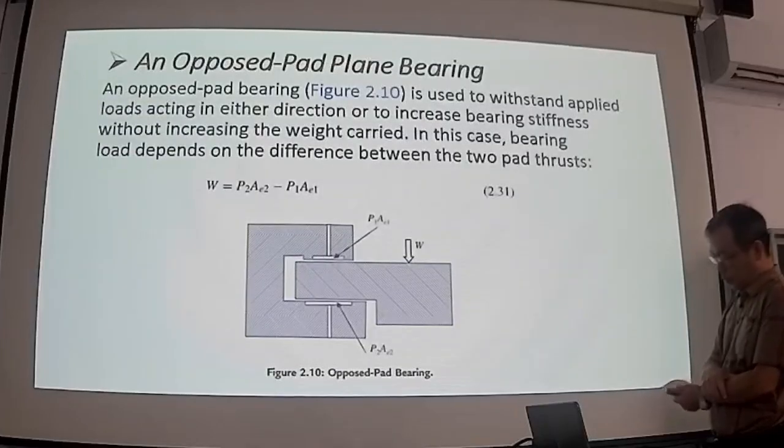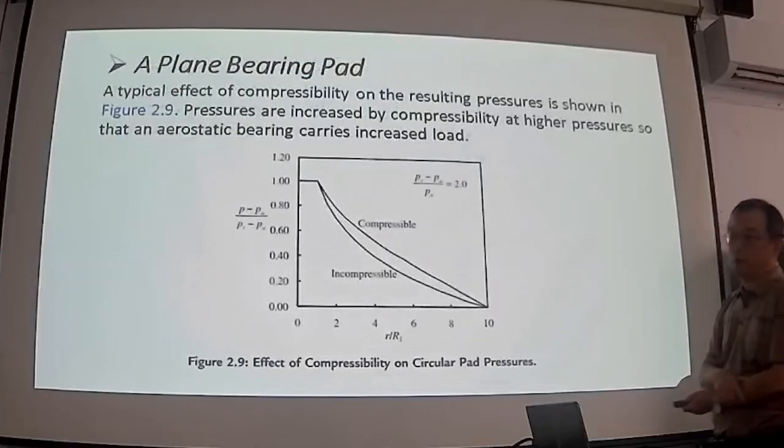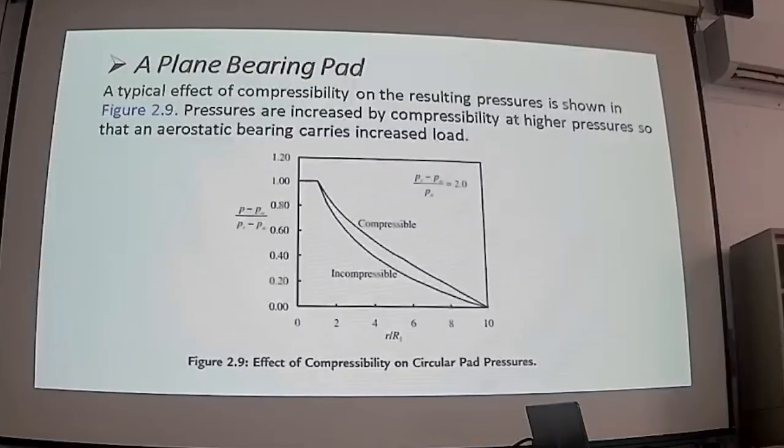That's why when you design your air bearing, it's necessary to consider stability. In designing your recess, you always need to consider the air element stability.